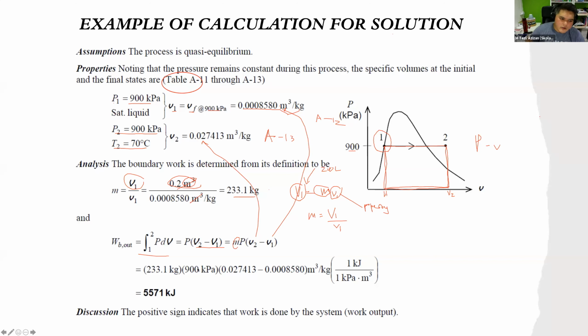Okay, so when we substitute everything, then you get the moving boundary work is 55071 kilojoule. It is a positive sign, so it indicates the work is done by the system. Okay, because this is what we call an expansion lah. Maksudnya daripada V1 dia jadi V2 kan, so it is expanding. Right? So this is example 5.